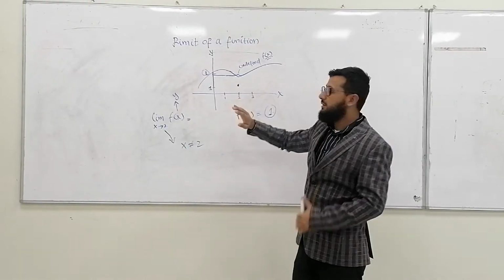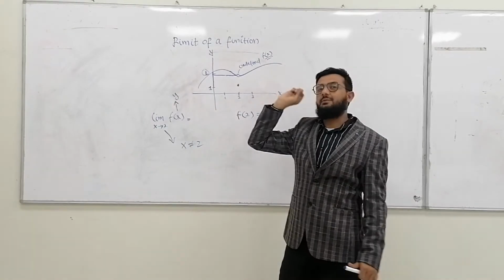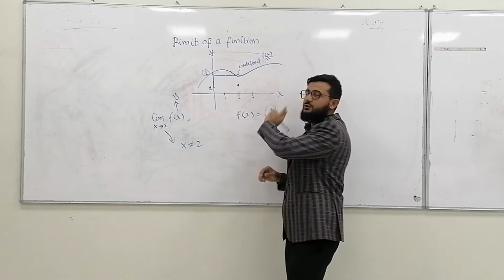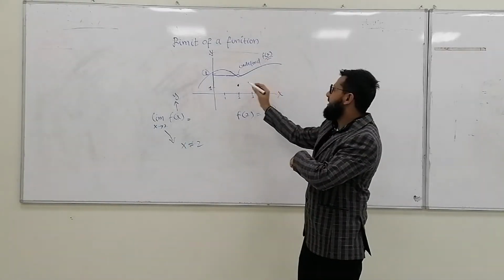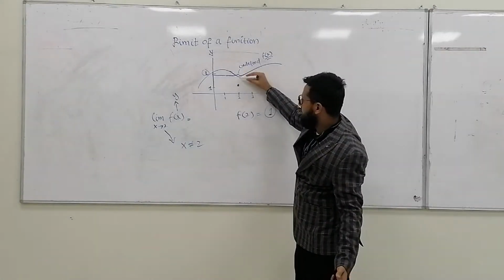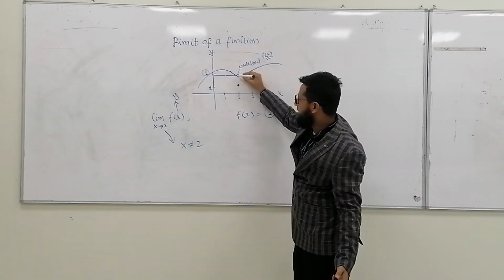Why? Because I don't even care about what the value of the function is when the value of x is 2. I mean when I get really close to it, and it did not change, right? Because of the value here, things did not change.